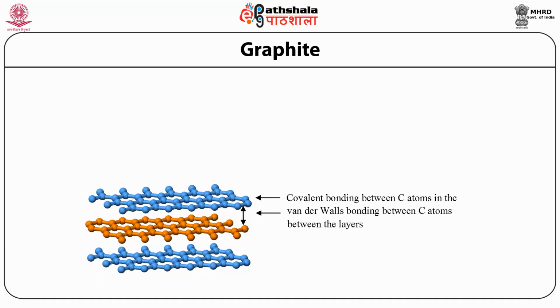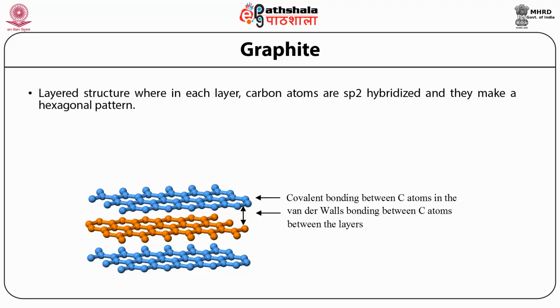Now comes the structure of graphite. Other forms of carbon such as graphite and fullerene are also covalently bonded, but the structures are entirely different. Graphite has a layered structure where in each layer carbon atoms are sp2 hybridized and make a hexagonal pattern.